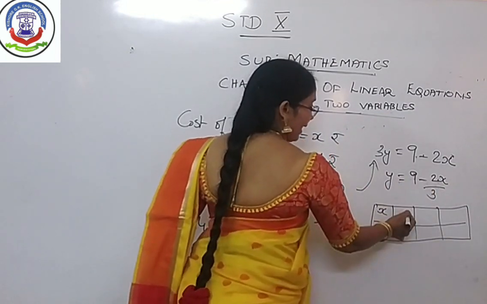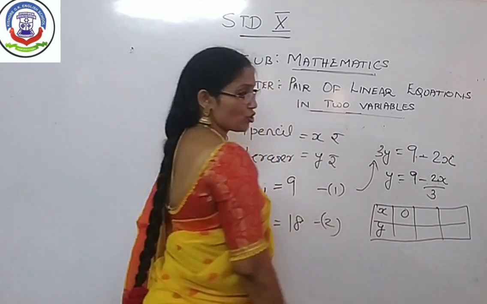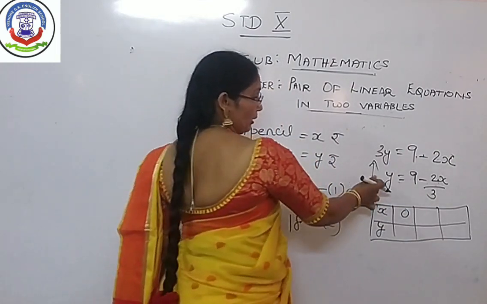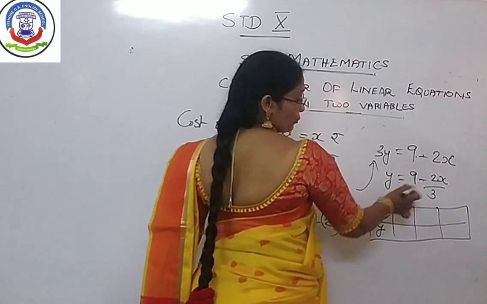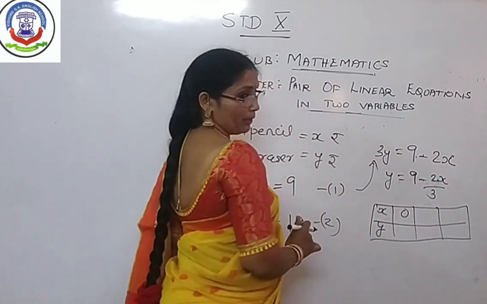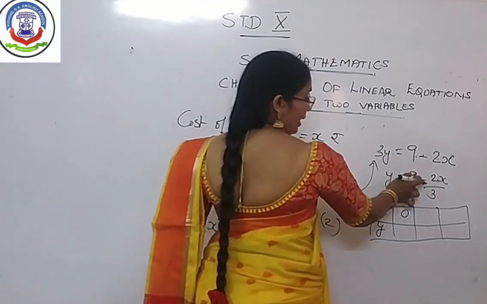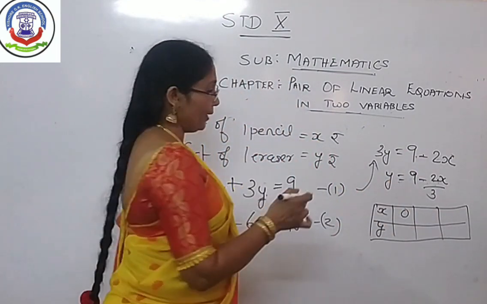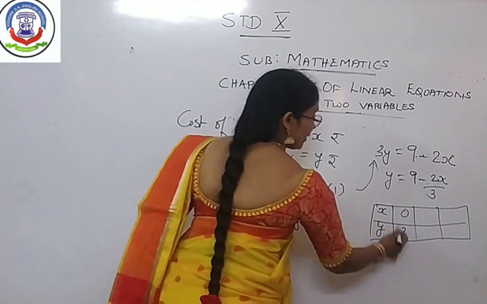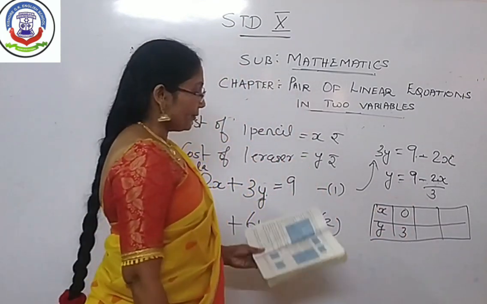If you are putting x as 0 in this equation, how will y be? 9 minus 2 into 0. 2 into 0 is 0 only. That means it will come 9 upon 3. 9 minus 0 means 9. 9 upon 3 gives 3. So the point is (0, 3).